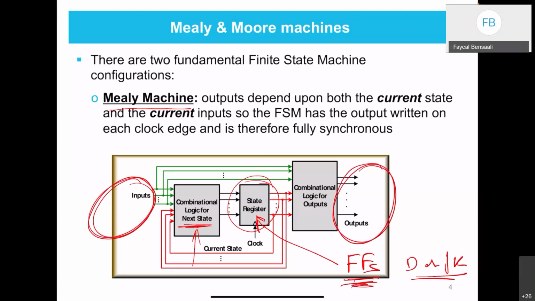In the Mealy machine, the inputs, in addition to going to the first block, the combinatorial logic for the next state, are fed as well to the output logic, the combinatorial output logic. So we have two combinatorial logics, one at the beginning and one at the end, and in between we have the state register. Sometimes the output logic is nothing; you just connect the outputs and that's the final output. You will see some examples later on.